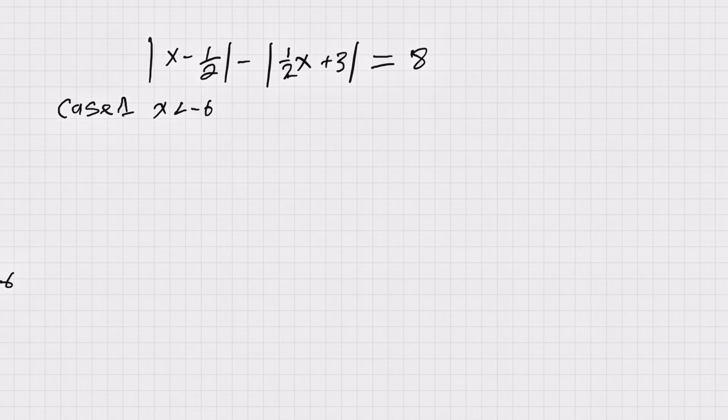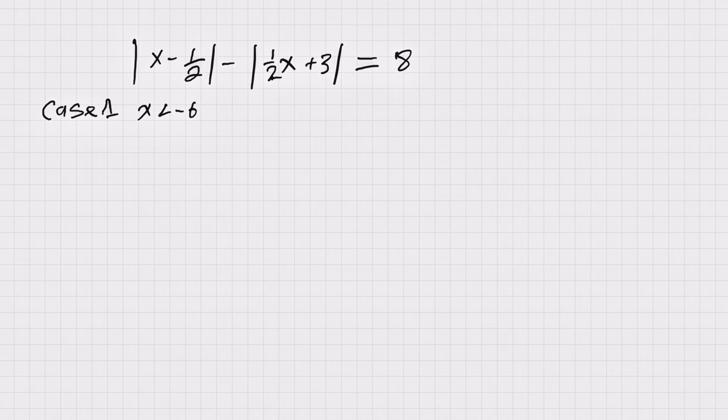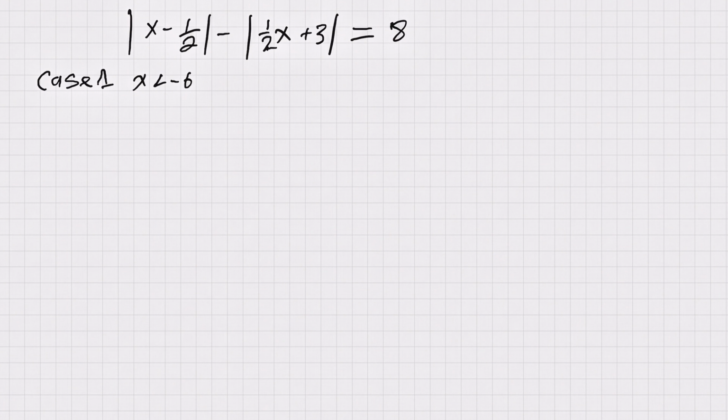So what I'm trying to tell you is when this equation is negative, it becomes negative x plus half minus. So we don't need to put this inequality anymore because this is a full bracket. So minus half x minus 3, all of that is equal to 8.